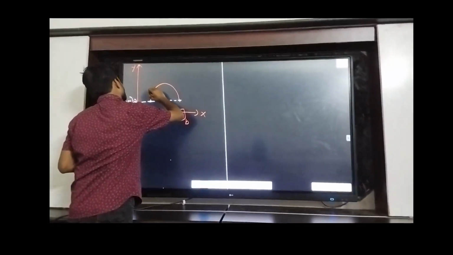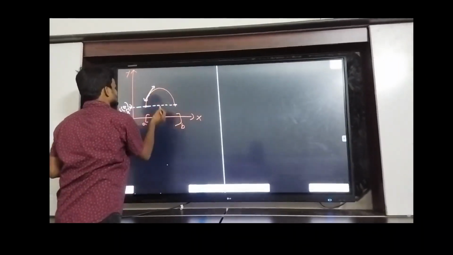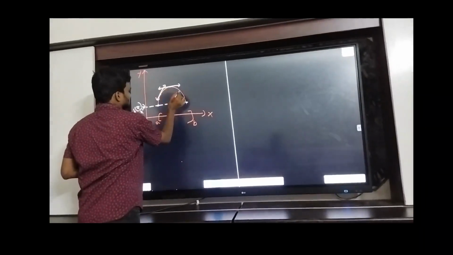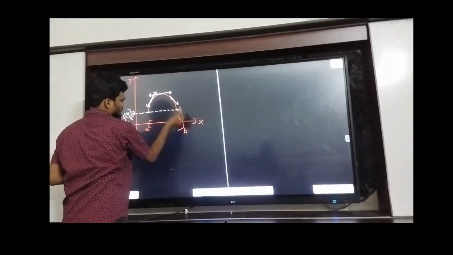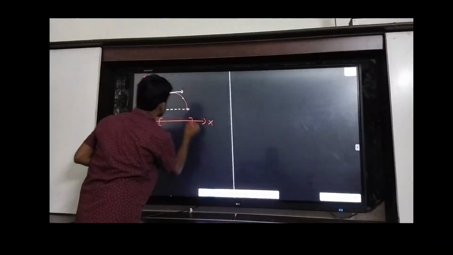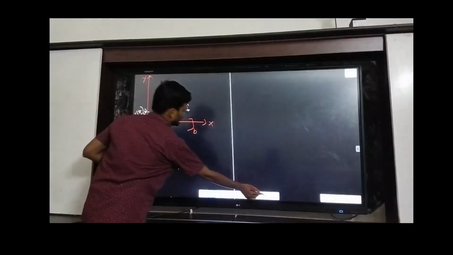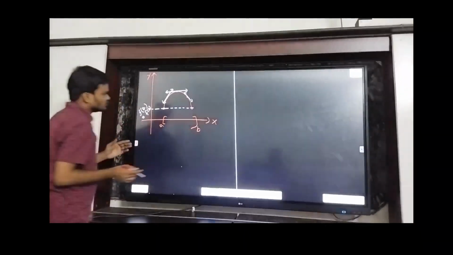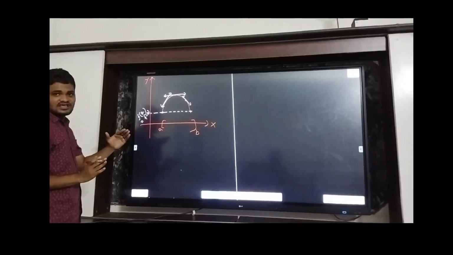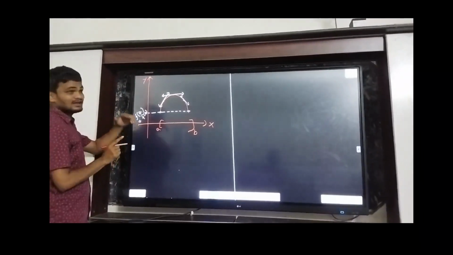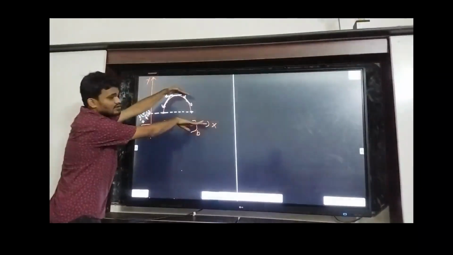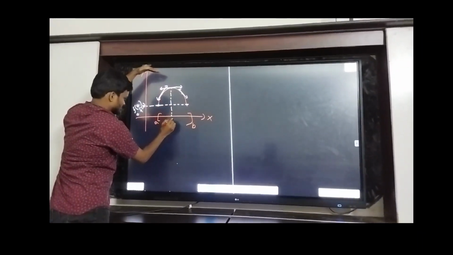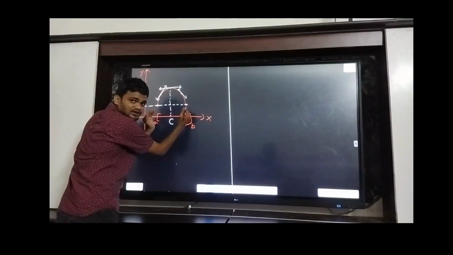Tangent at this point, how do you do it? Like this, right? Similarly, tangent at this point is this. Tangent at this point is this. So, as per the hypothesis, there exists at least one tangent which is parallel to x-axis and a corresponding x coordinate. So this is C, lies in the open interval AB.